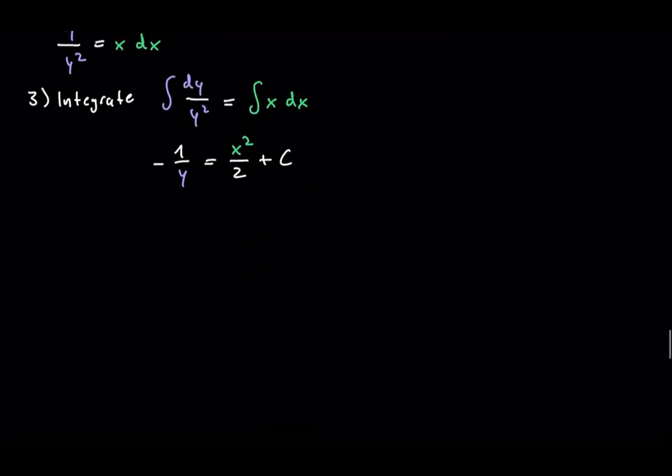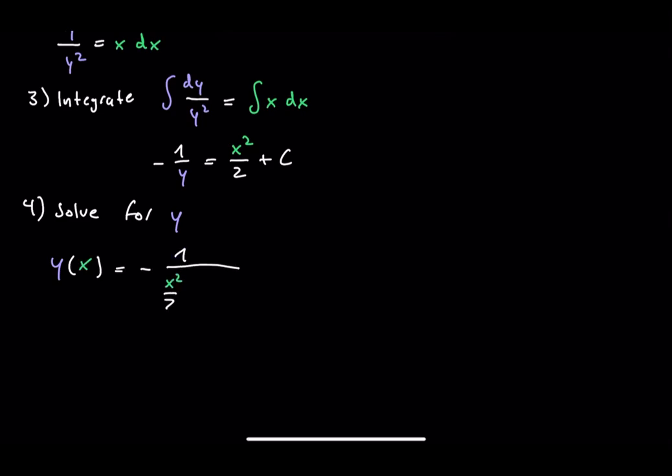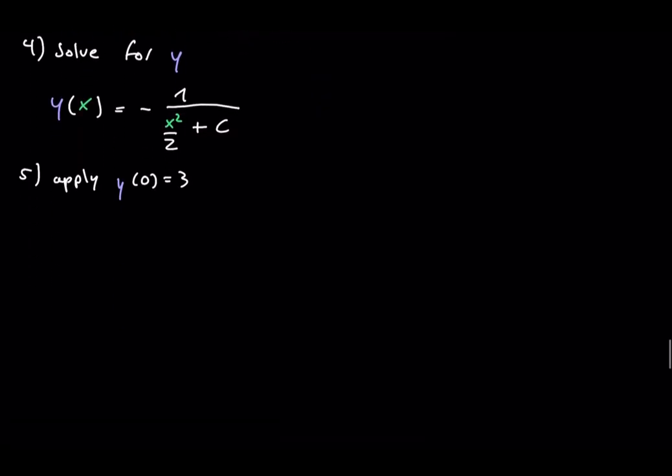Step 3. Solve for y. Multiply both sides by negative 1. 1 over y equals negative x squared over 2 minus c. Now take the reciprocal to isolate y. Y equals 1 over negative x squared over 2 minus c, which simplifies to y equals negative 1 over x squared over 2 plus c. Step 4. Apply the initial condition y of 0 equals 3.